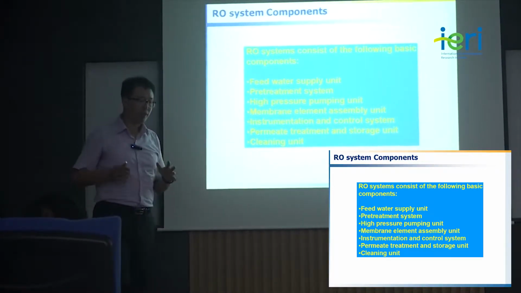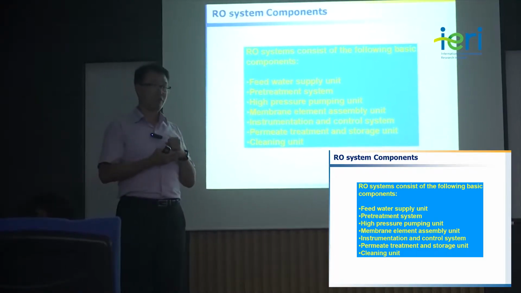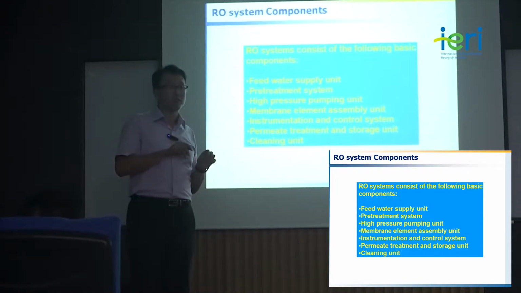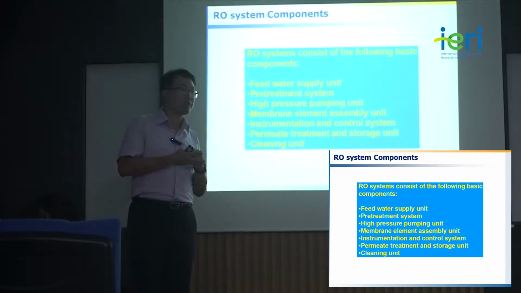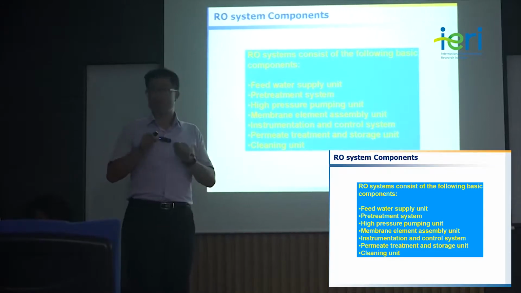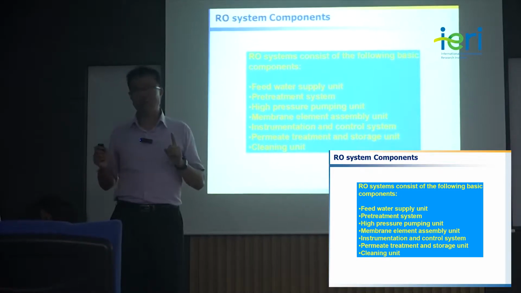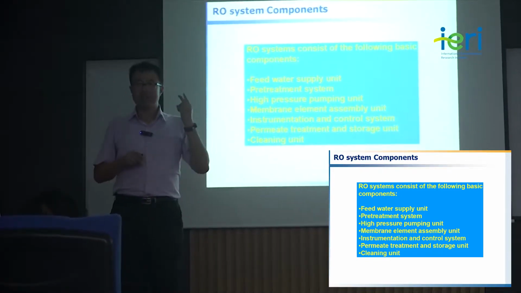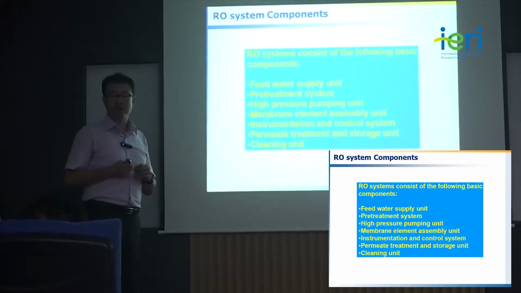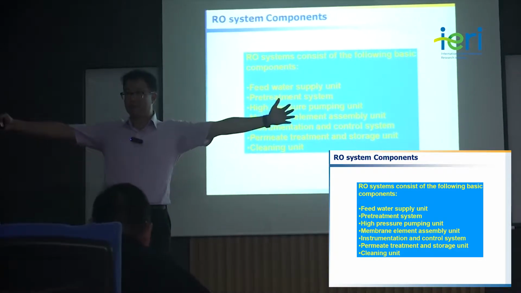So even if we pre-treat the seawater very well, there is a chance that the reverse osmosis membrane is polluted by some pollutant remaining in the seawater. So we need to clean regularly. If the seawater is very clean, the cleaning period is much longer.